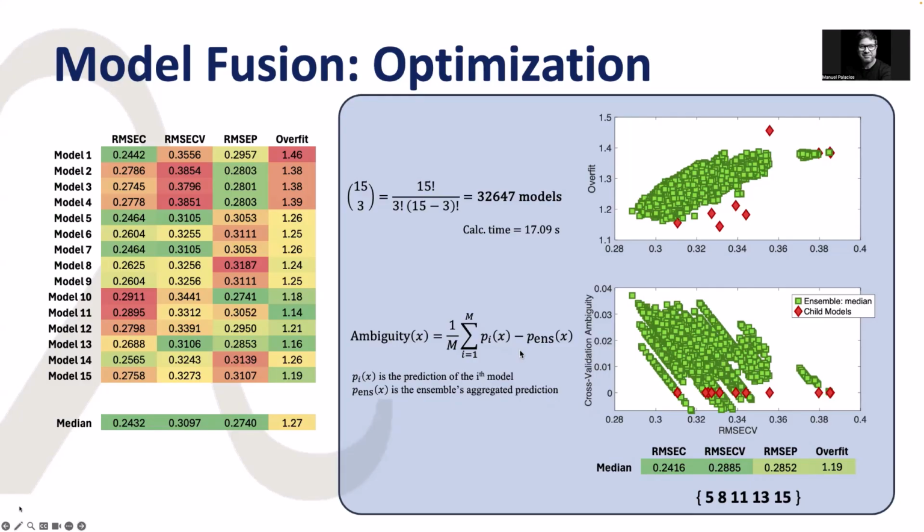We aggregate those, we take the mean of those differences. If you think about it, it's a pretty important concept, because what you want is an ensemble of models that have very high ambiguity.